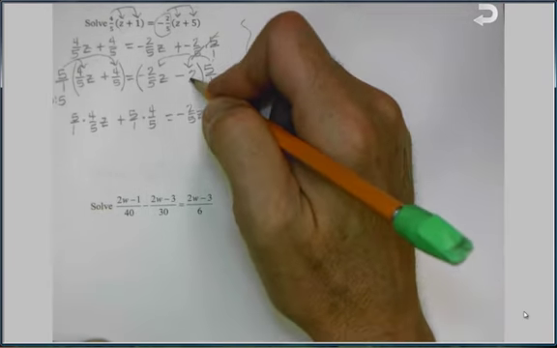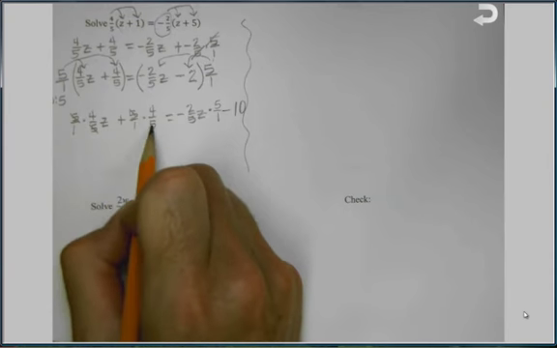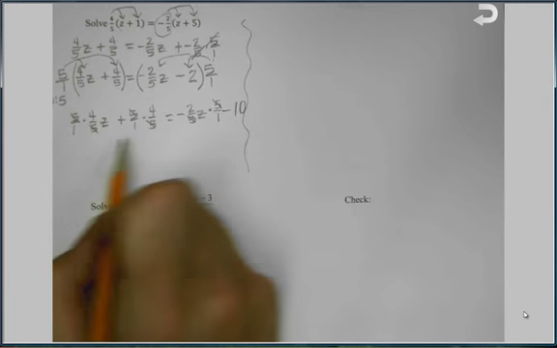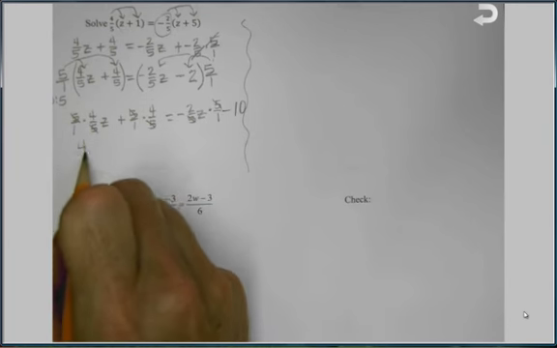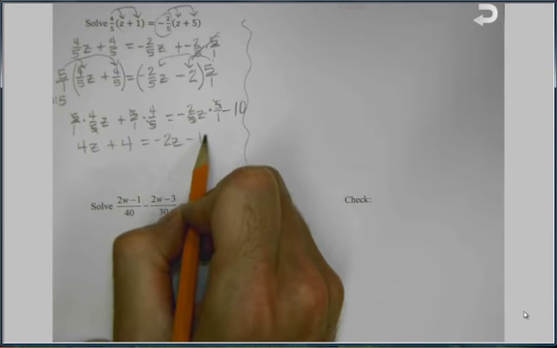I don't need the 5 over 1 or to think about it that way for this, it's just a whole number. Then here my 5's reduce on every term, and I'm left with 4z plus 4 equals -2z minus 10.